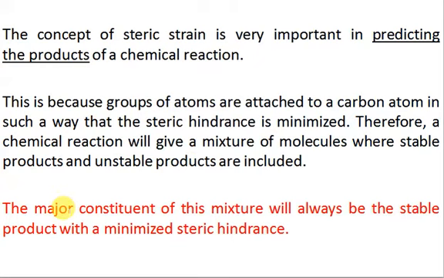So in this way, by means of steric strain, we can determine if a product of a reaction will be major or minor, right? Major product is always a stable product, while minor product is always an unstable product. So in this way, steric strain is very helpful in predicting the product of the reaction.